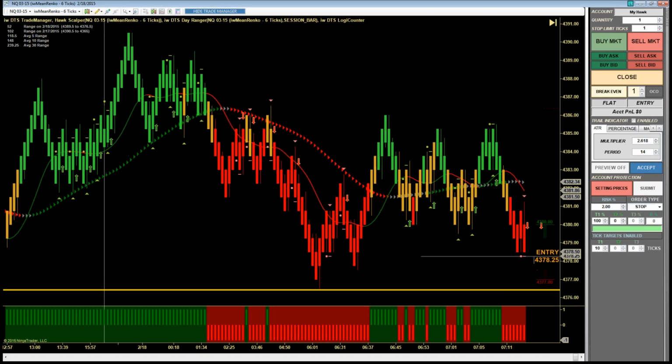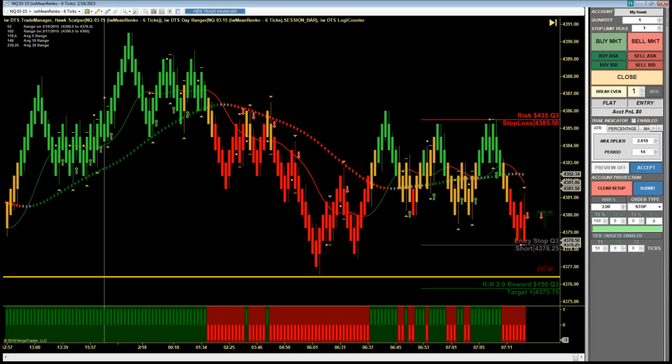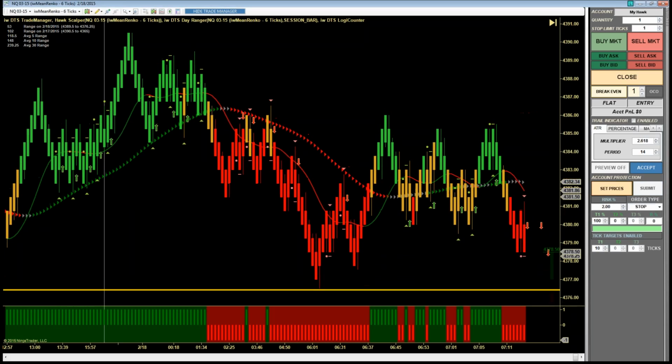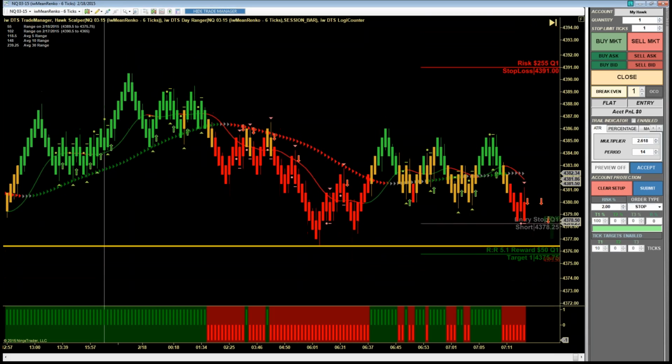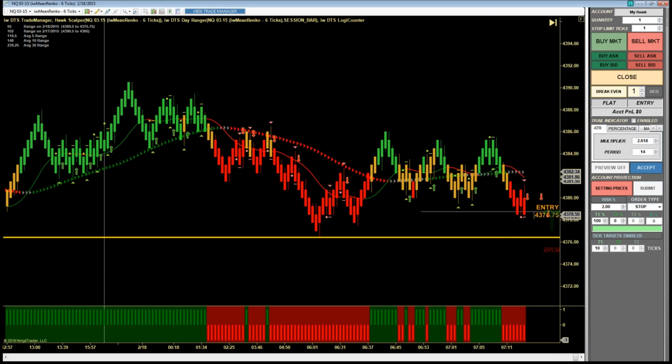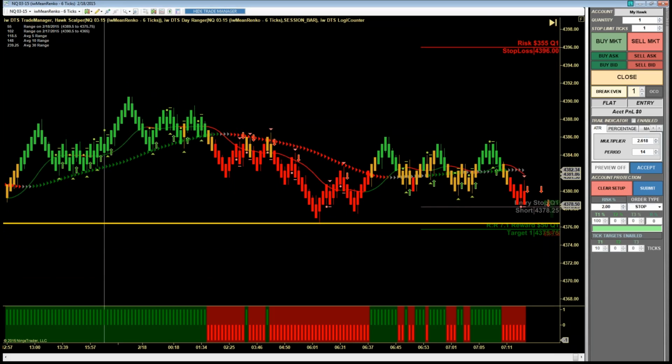So whether I make my trade really tight, like this, notice the risk, $475, or if I make my trade a little bit looser, notice the risk, $425, still approximately the same. Or let's say I choose to risk it above a swing high.